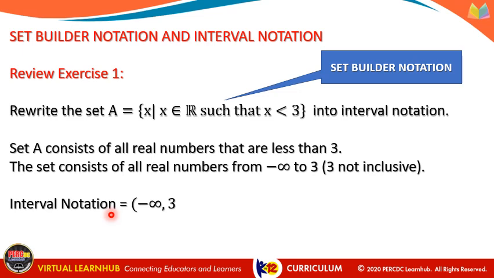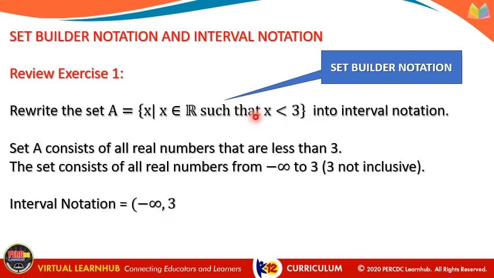Now, ano naman ang ilalagay natin sa positive 3? Kailan ba kasi ginagamit ang parenthesis or bracket? Hindi ba ginagamit ang parenthesis kapag yung mismong endpoint hindi kasama? So kung yung mismong endpoint hindi kasama sa range, parenthesis ang ginagamit. Pero kapag yung mismong endpoint ay kasama sa set natin, gagamit tayo ng bracket.